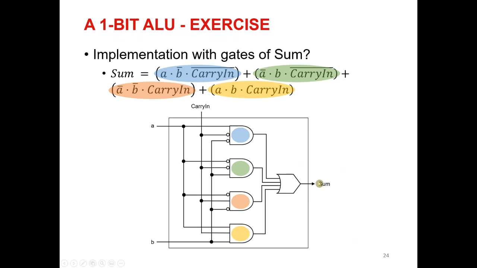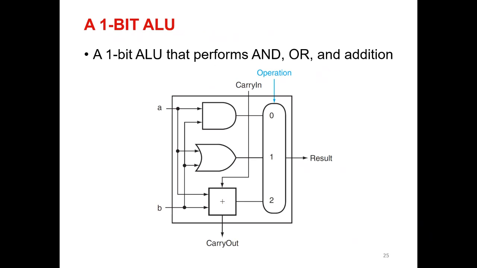Okay, so now we know how we get the sum and how we get the carry out. So we actually know how to build a 1-bit arithmetic logic unit which performs an AND operation and an OR operation, and we have just seen what is happening in this box to do the addition.